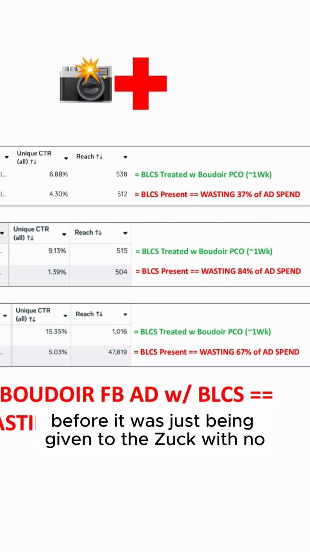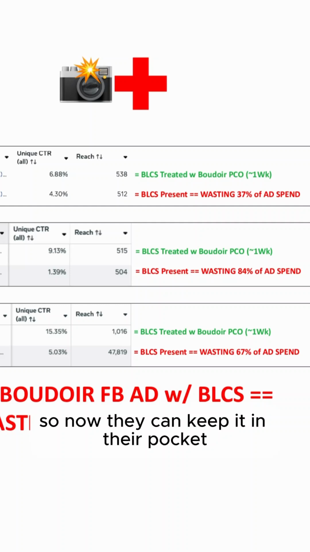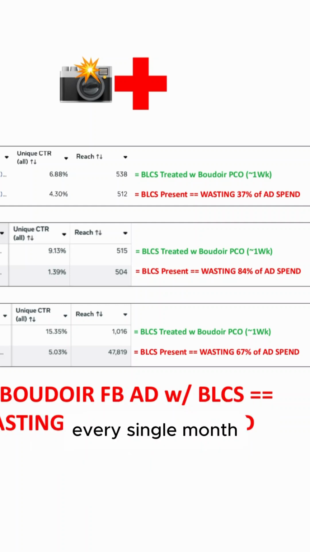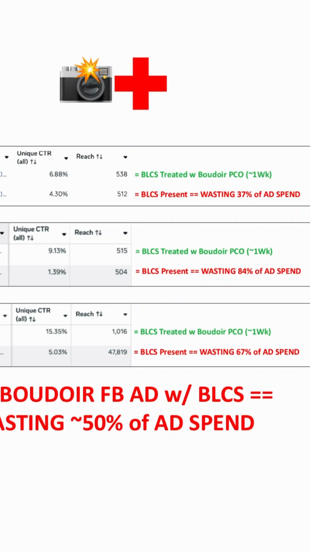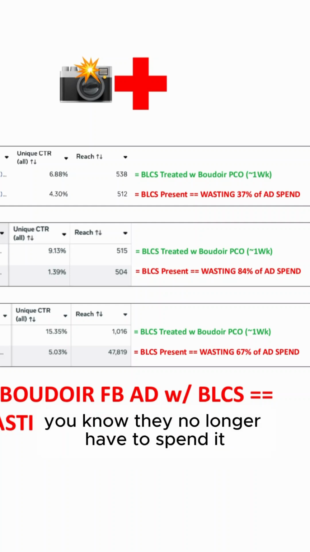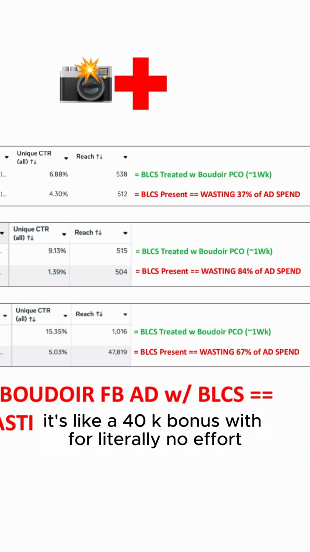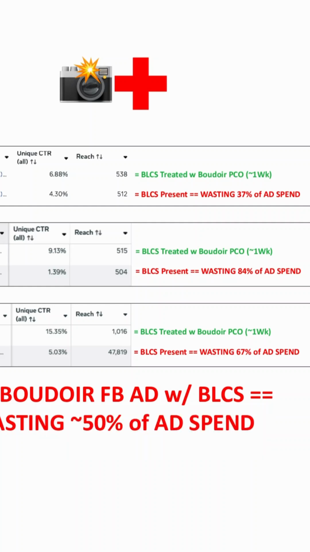Before it was just being given to the Zuck with no benefit at all. Now they can keep it in their pocket, like a $3,700 phantom bonus every single month. And at the end of 12 months, it's like a 40K bonus for literally no effort. No need to service any clients, nothing.